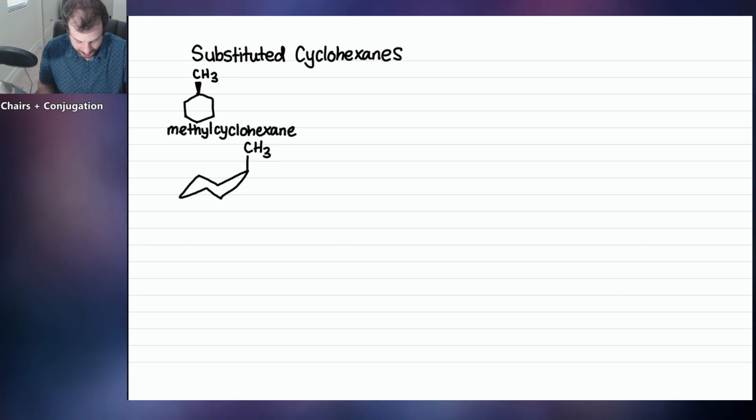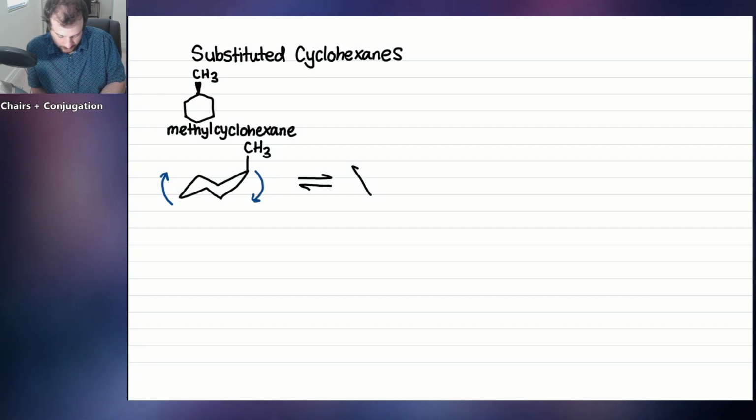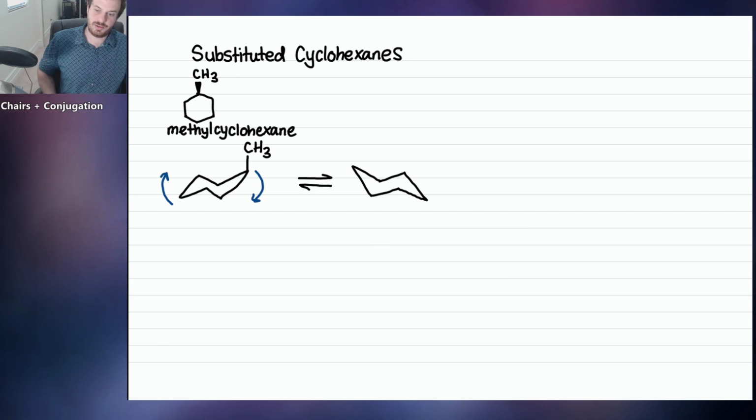Now let's do a ring flip and see what happens. When I do the ring flip, the left side goes up and the right side goes down. Okay, and there's our new cyclohexane after the ring flip.